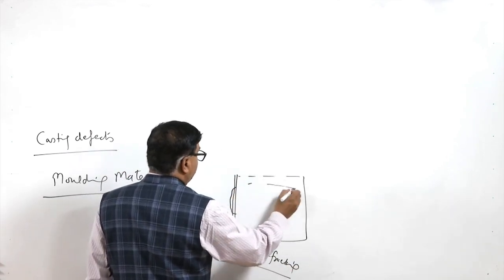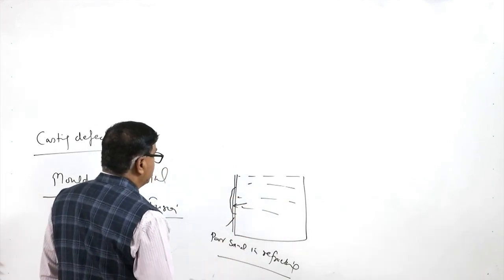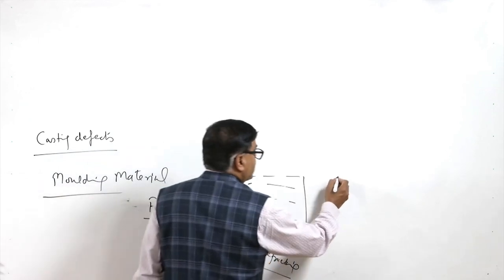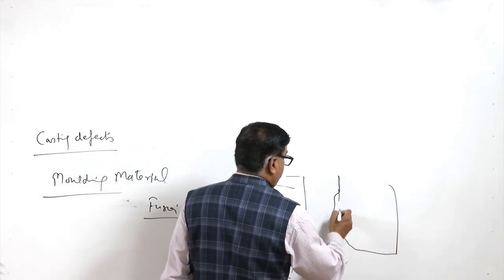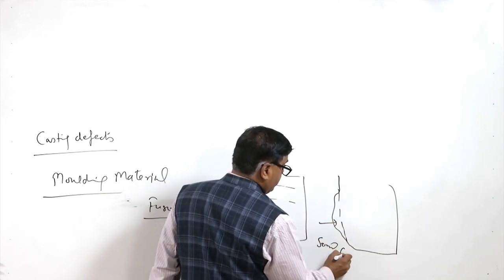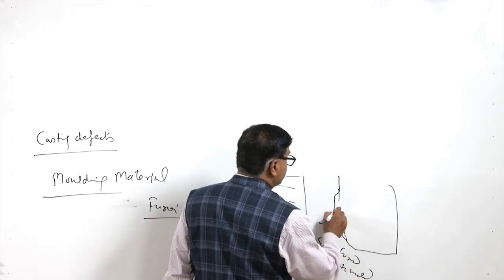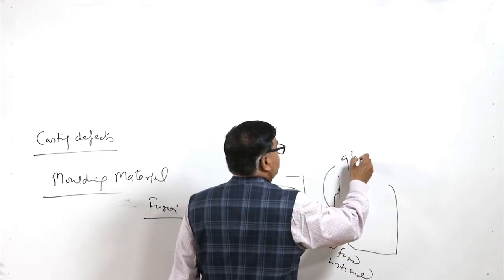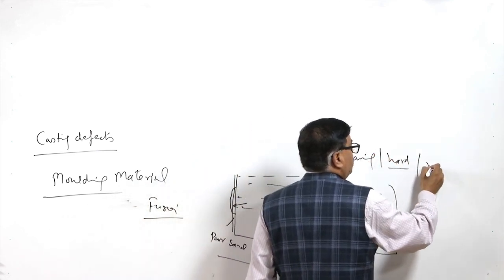When we pour the molten metal, the mold wall comes in contact with it, and if it fuses, then the casting forms of this kind, where the shape has been modified and the sand has fused with the metal. Basically, this is a glassy surface which is very hard and may be difficult to machine.